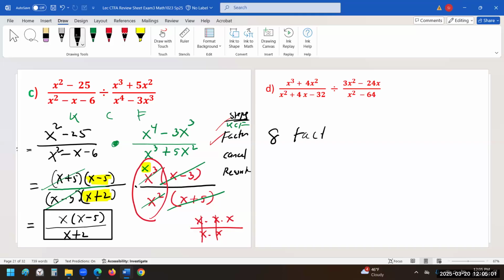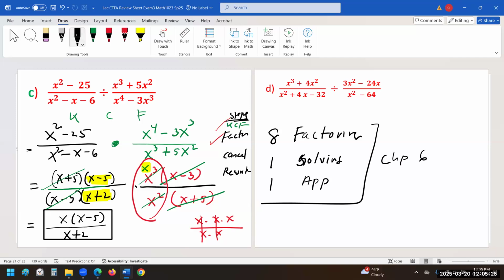Did I miss anything? 1 solving, 1 application, 8 factoring, chapter 6. And chapter 7, again, 1 domain, 1 multiplication, 1 division. So 3 questions from chapter 7, 8, 9, 10 questions from chapter 6, and the rest are exponents.